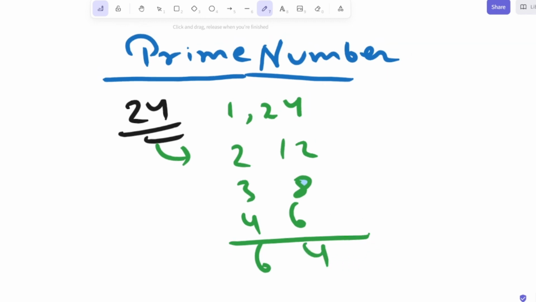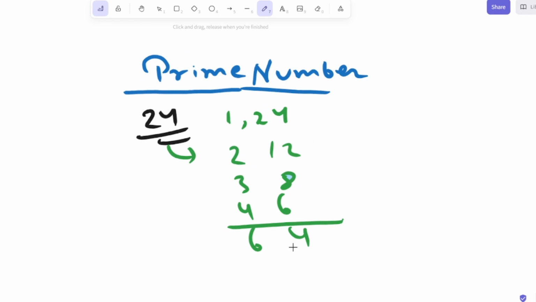So we can see clearly that 4 and 6 were the factors earlier, and now it's 6 and 4, which means they are the same. Similarly, 8 and 3, 12 and 2, and 24 and 1.